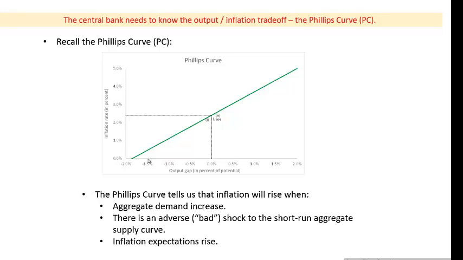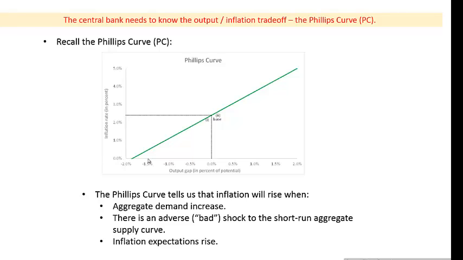First of all, the central bank needs to be keenly aware of the Phillips curve. The Phillips curve, recall, tells us about the relationship between inflation and the output gap and other variables. It tells us, for example, that inflation will rise when aggregate demand increases, if there's a bad or adverse shock to the short-run aggregate supply curve, or inflation expectations rise.